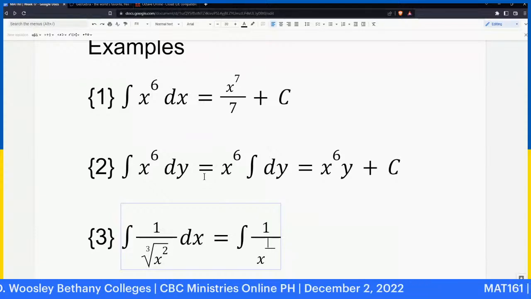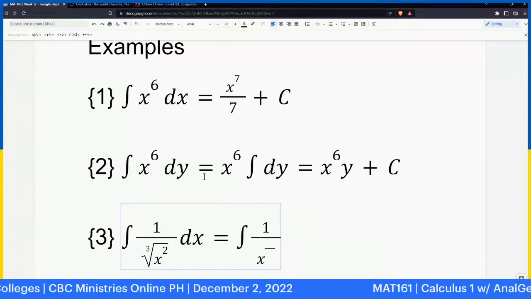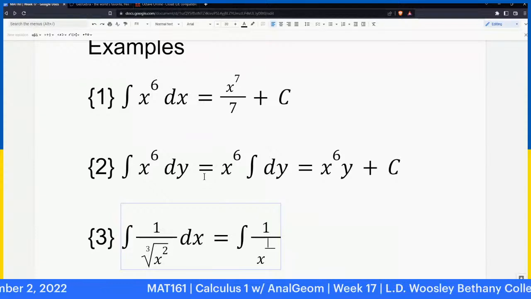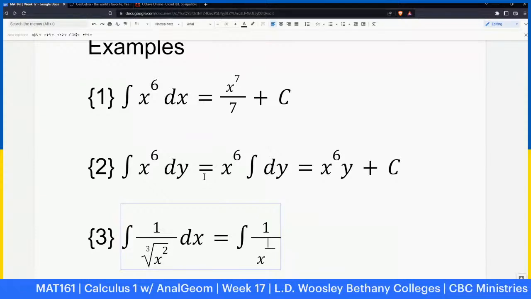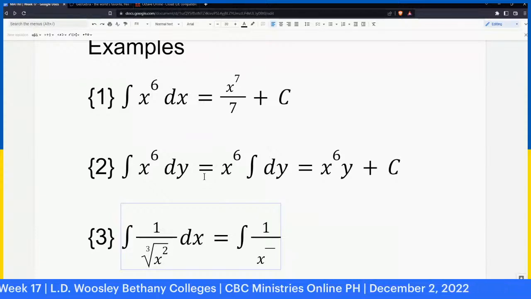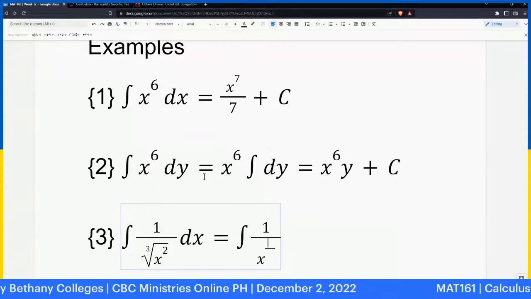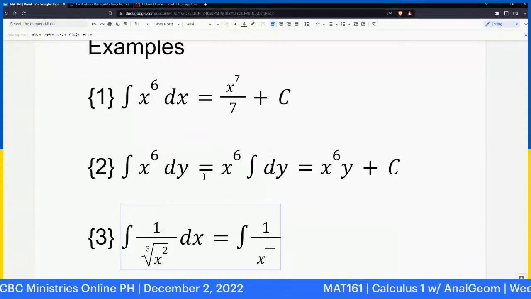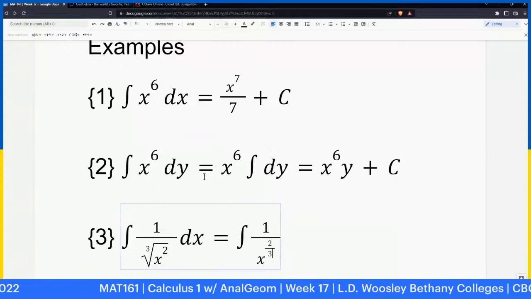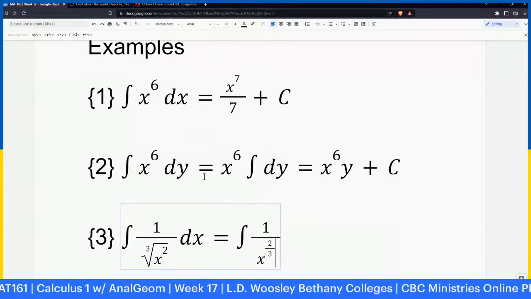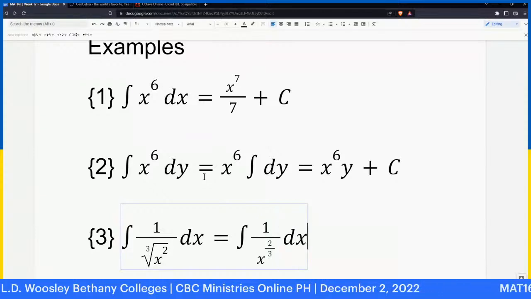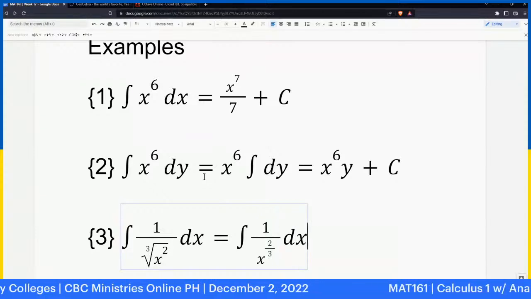X raised to 1/3. Kaya lang, cube root of x squared. Alright? Nora? So anong magiging fractional equivalent niya sa exponent? So this is 2/3. Gets ba? 2/3.